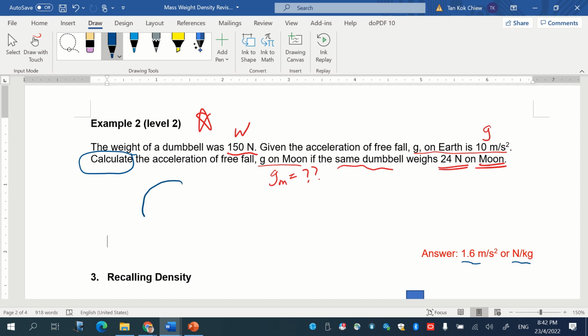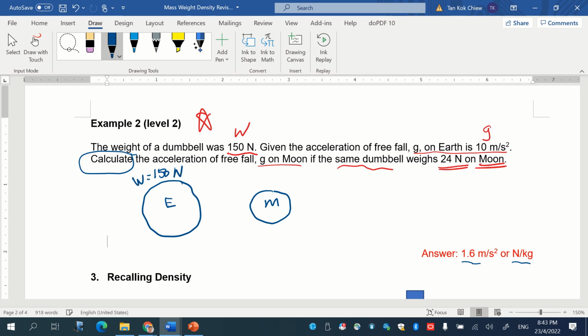So I have Earth, I have Moon. On Earth, the weight of the dumbbell is 150 Newton.